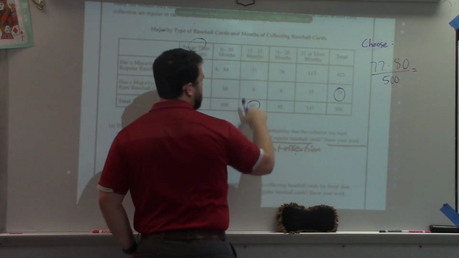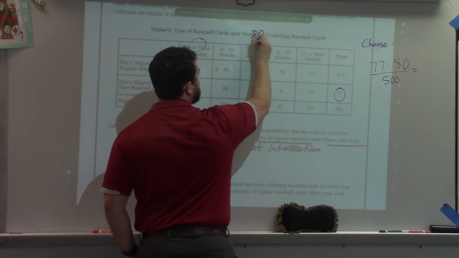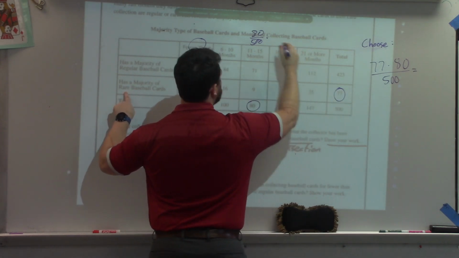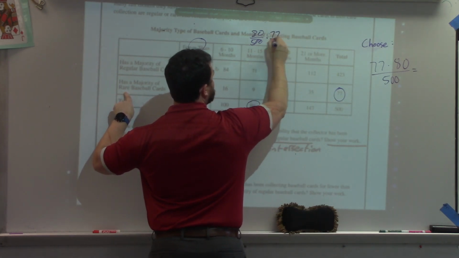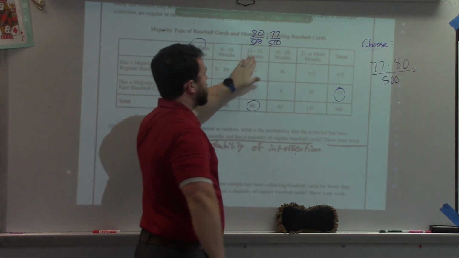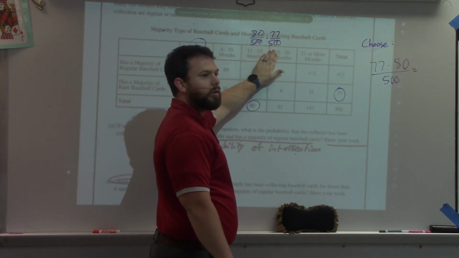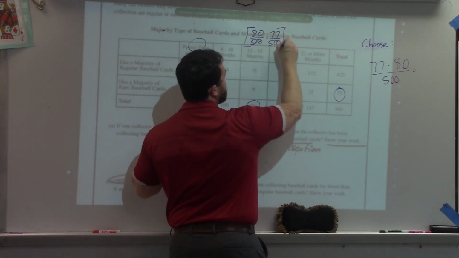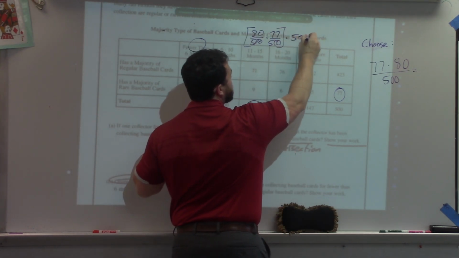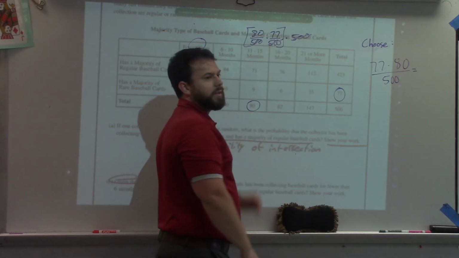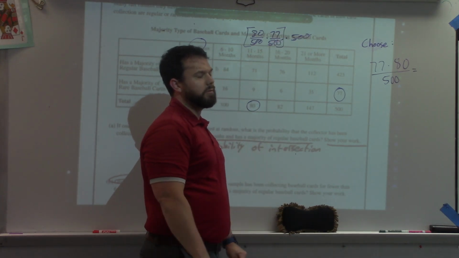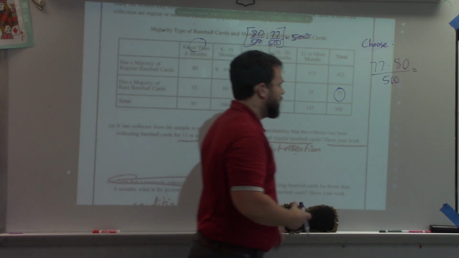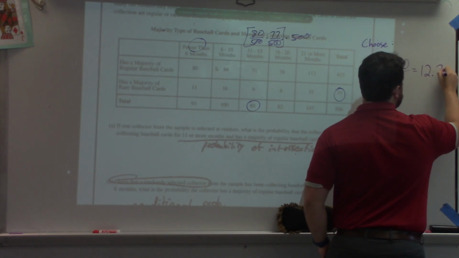So we're taking the probability for the 11 to 15 months, and we're multiplying it by the 77 out of 500. Because if they're independent, I can just multiply those two, right? And that would be the probability, but then to get the expected amount, I multiply it by my sample size. And so I'm left with 80 times 77 divided by 500. That's how I get that, right? So the row total times column total divided by total is just a shortcut, but 12.32.